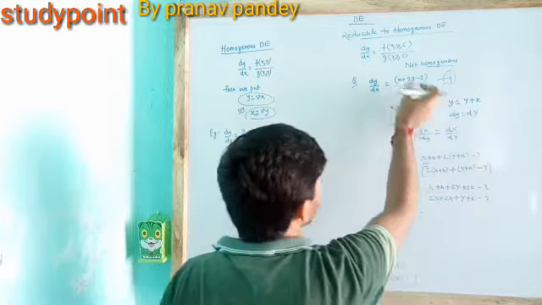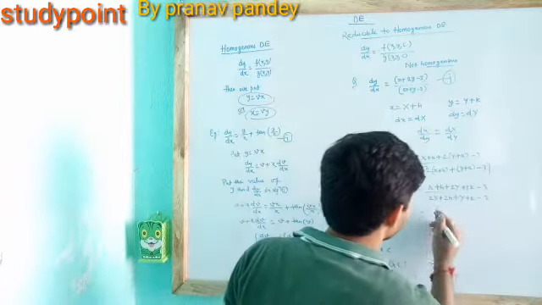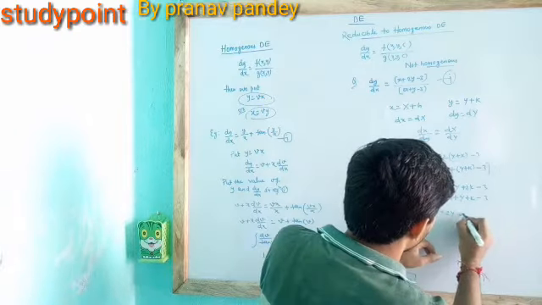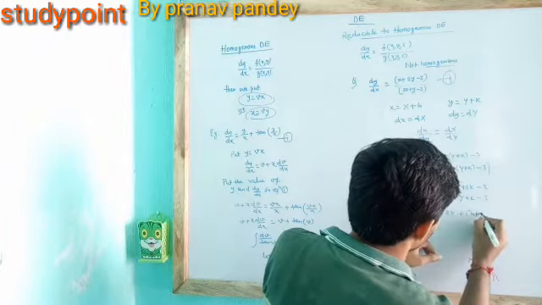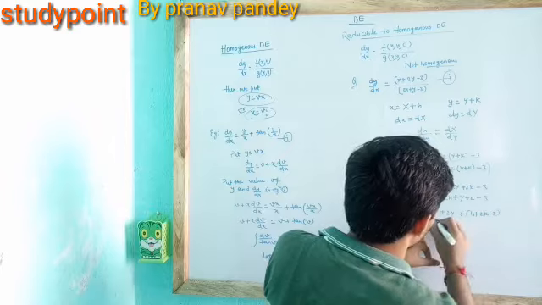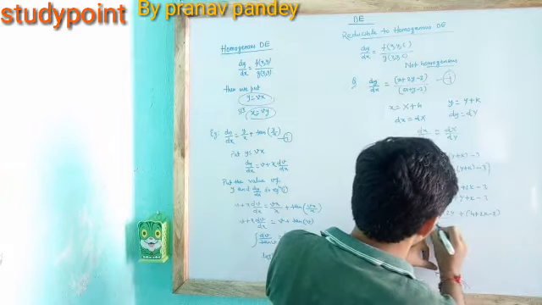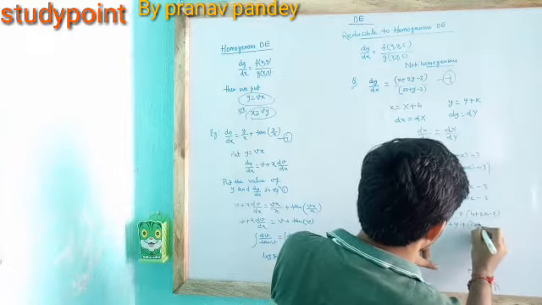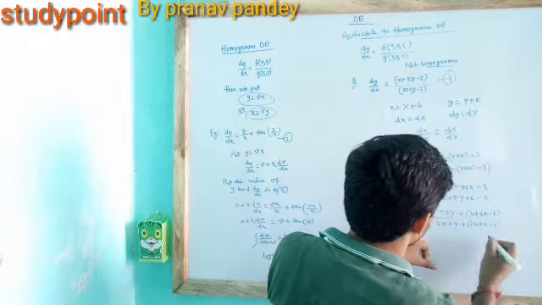So we take X plus 2Y on one side, then what remains is h plus 2k minus 3, and 2X plus Y we take common, then remains 2h plus k minus 3.